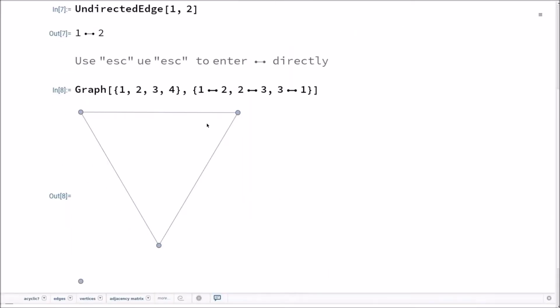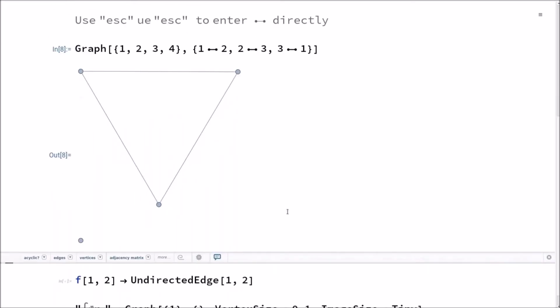We have here these 3 undirected edges connecting 1, 2, 2, 3, and 3, 1, but we have given 4 nodes, and we see that this node 4 is not touched by the edges. But this is also a valid graph, and this also appears in our integrals, as we see later.